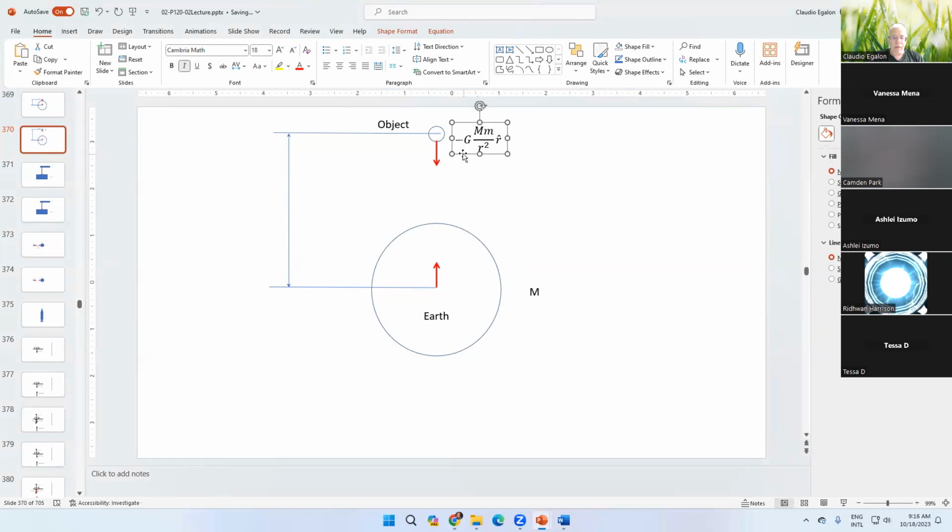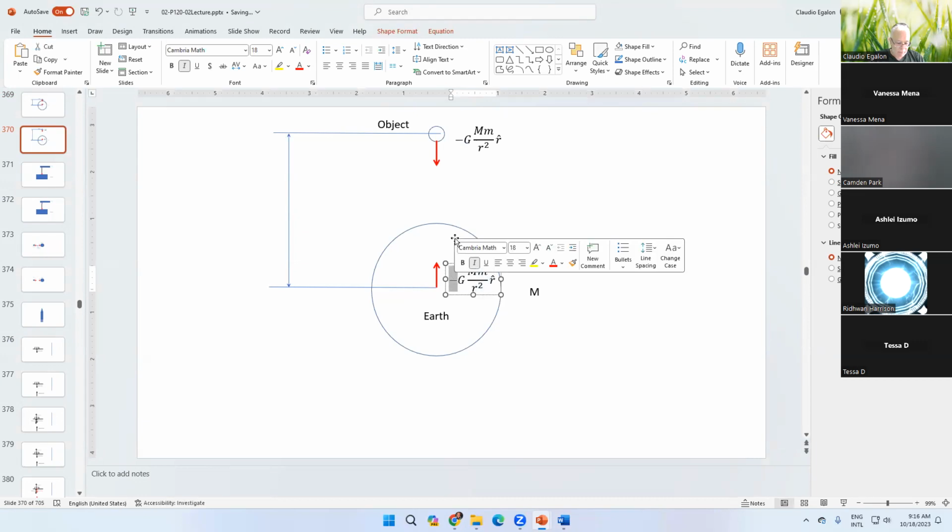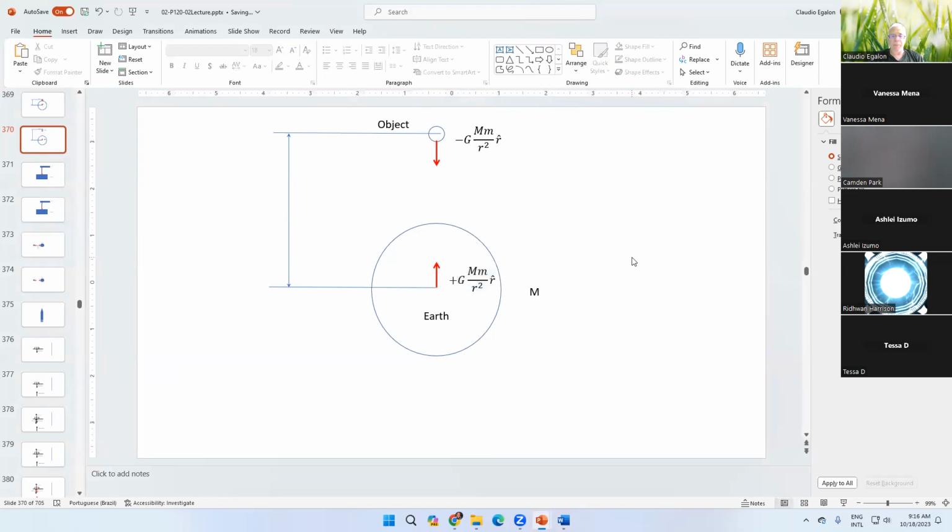But in this case, by the way, it's going to be plus r. The r hat is the vector position from the center of the Earth to the center of the other object.